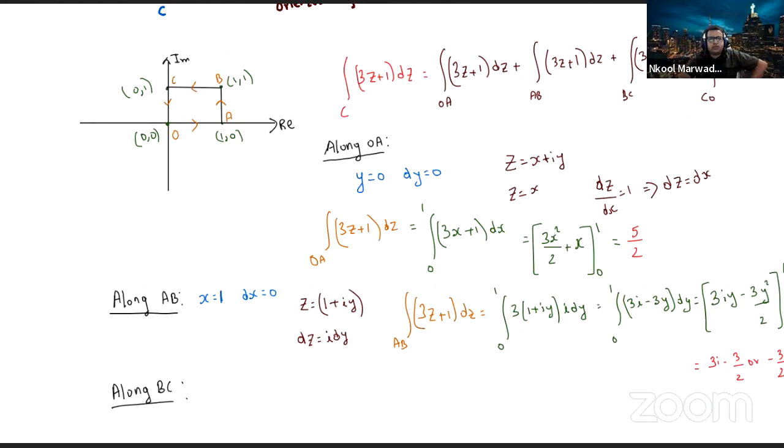So dy will be 0, y is not changing, x is changing. So z will become x plus i. Dz will become dx.